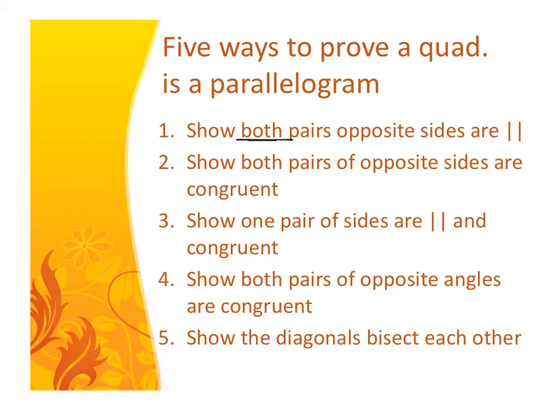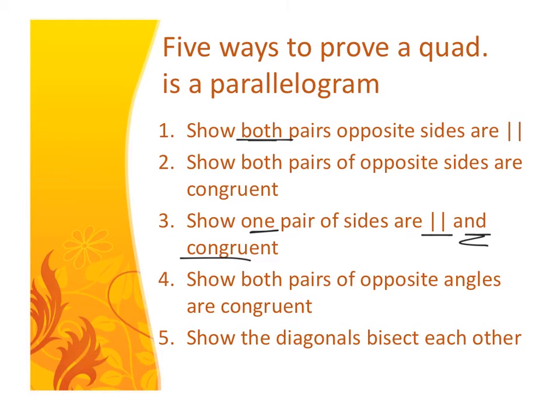Another way would be to show only one pair, but it has to be parallel and congruent. Another way would be to show that both pairs of opposite angles are congruent. And the last way is to show the diagonals bisect each other. So these are going to be 5 ways to prove a quadrilateral is a parallelogram.